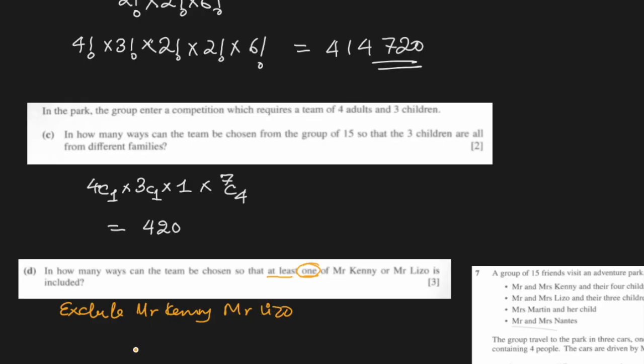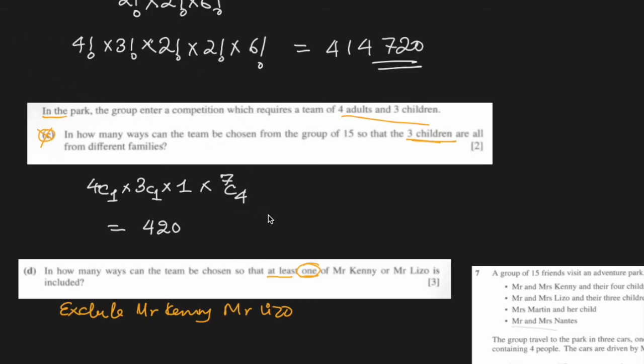And we'll subtract that from total number of selections. Now, this first line, in the park, they're making this number of teams. This condition is not part of the earlier question anymore because it's a different question. That means we can select 3 children from any family. It is not part of that.